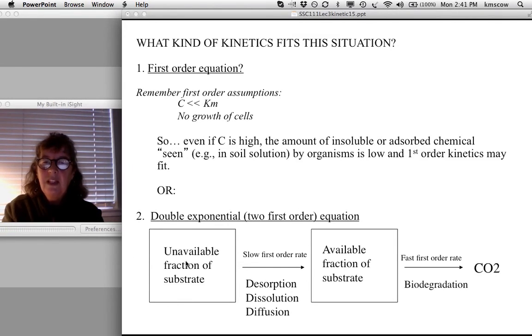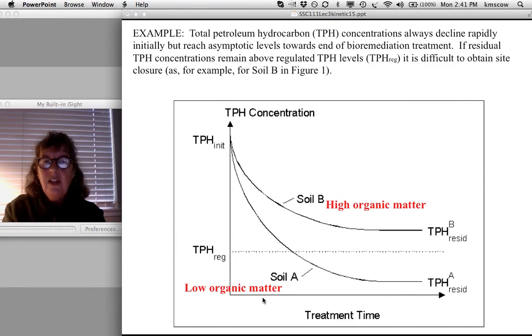It's going to be in this slower pool that will only slowly be released into the available fraction as the organisms are breaking down what is there, controlled by this rate of desorption or dissolution or diffusion. And in that case, this is actually a double exponential shape here. You have an initial high rate, but then it goes into a very, very slow second phase of degradation as controlled by those slow desorption or dissolution rates.